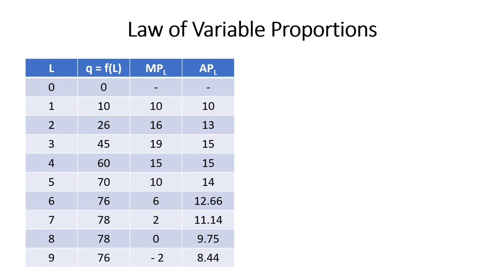When the third labor unit was also added, the total output reached 65 and so on. We can calculate the marginal product of labor by dividing the change in total output by the change in the labor units, and calculate the average product of labor by dividing the total output by the total number of laborers.